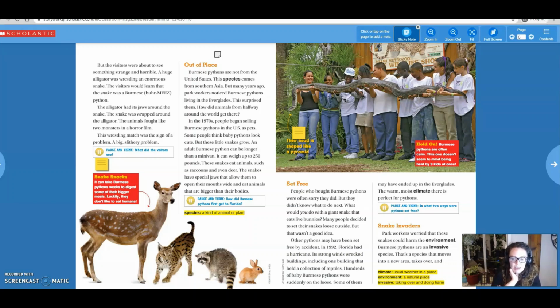Some people think that baby pythons look cute, but these snakes grow. An adult Burmese python can be longer than a minivan. It can weigh up to 250 pounds. These snakes eat animals such as raccoons and even deer. The snakes have special jaws that allow them to open their mouths wide and eat animals that are bigger than their bodies.